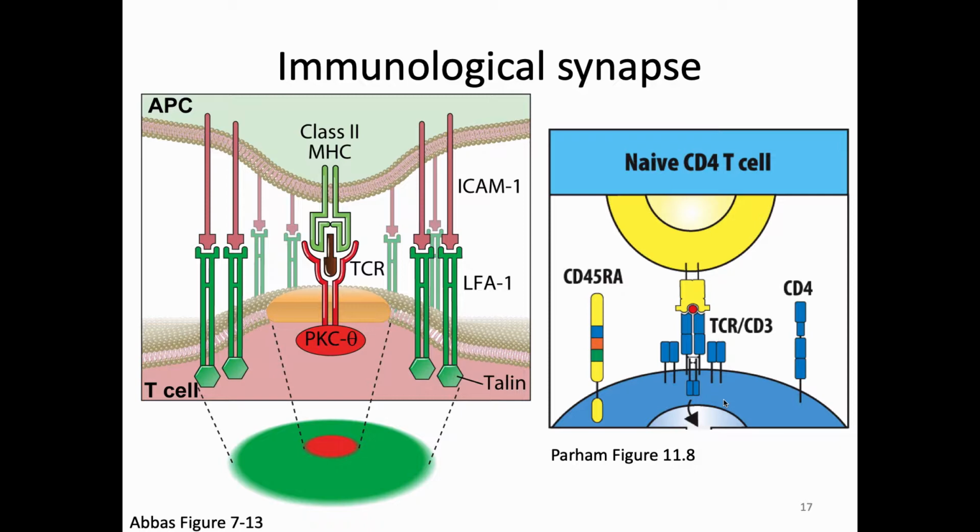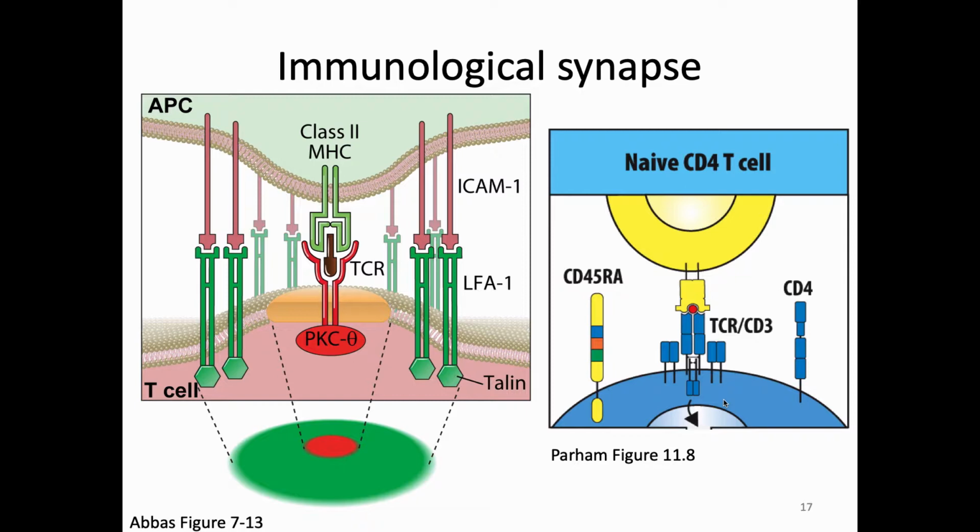But you can also see at the edges, because of the way they're curved, there's more space, whereas here there's not so much space where they're close together. What ends up happening is that there are some proteins that have super big extracellular domains. And the most famous one is CD45RA that gets shoved out of the way. They can't fit in there. They're too big, so they get pushed out.